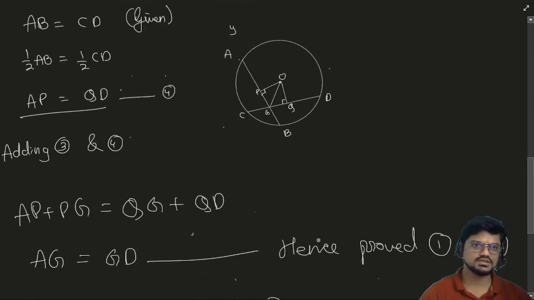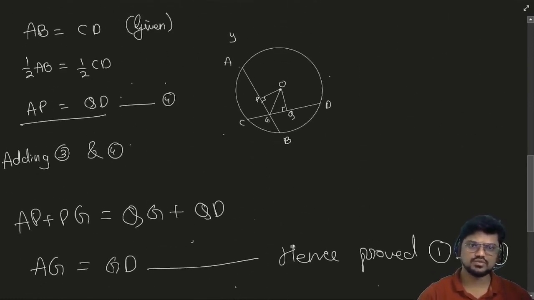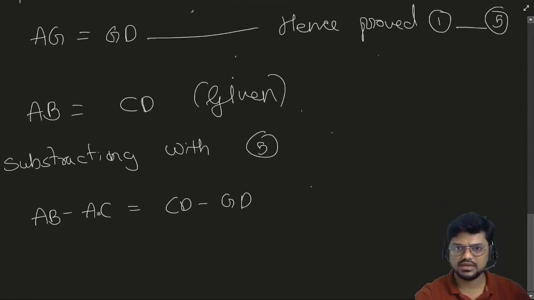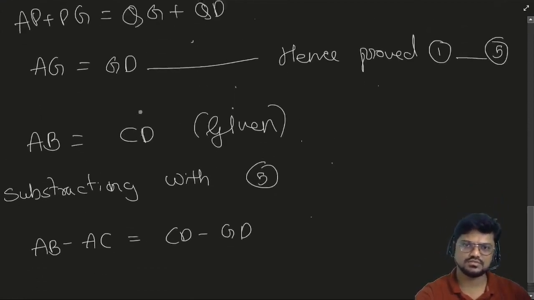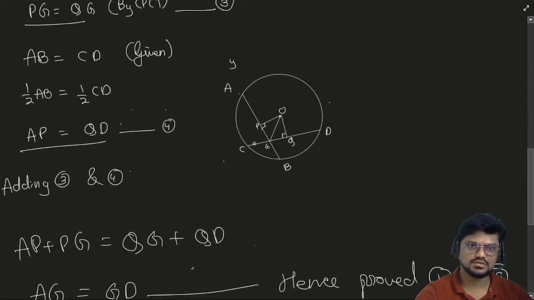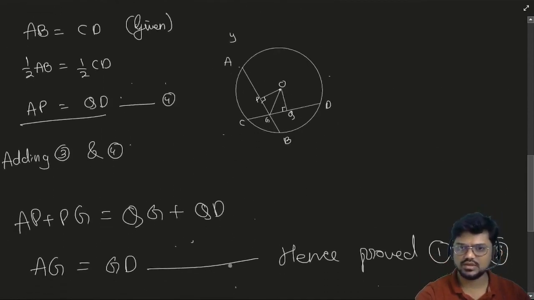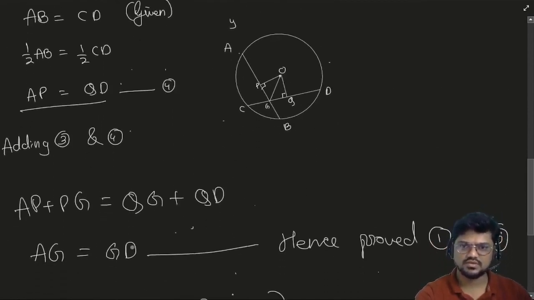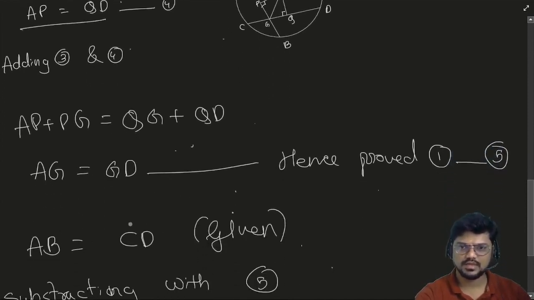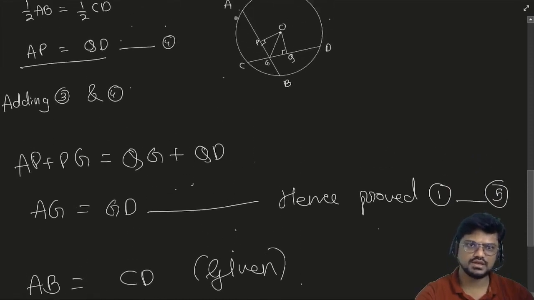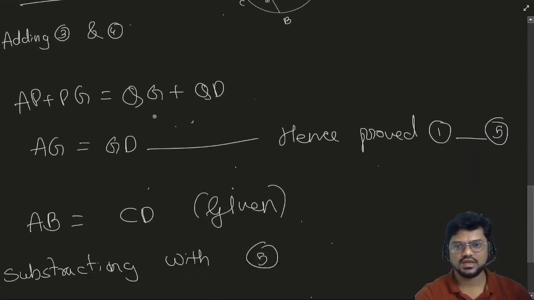So AB minus AG is how much? AP plus PG will be AG.